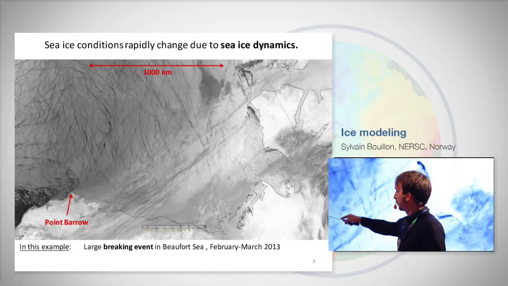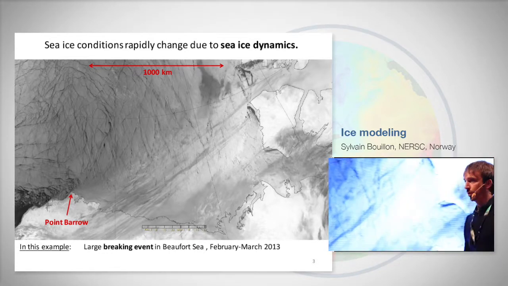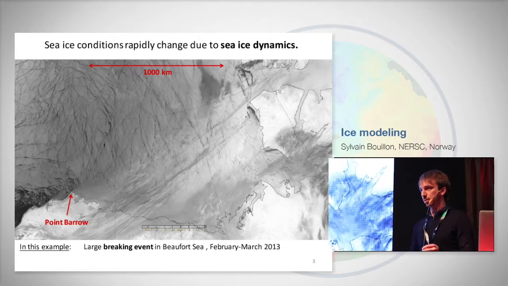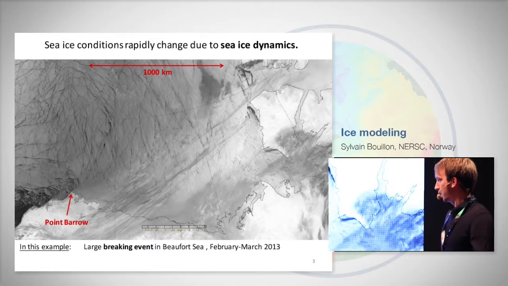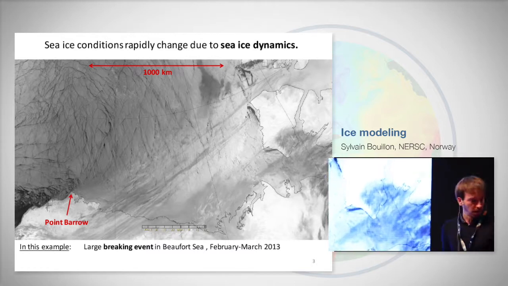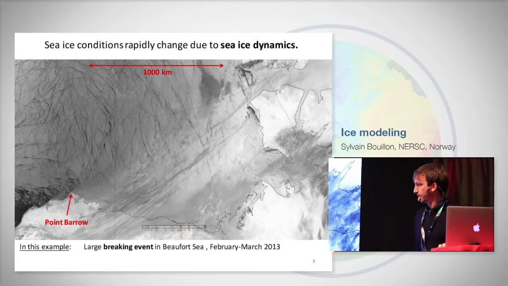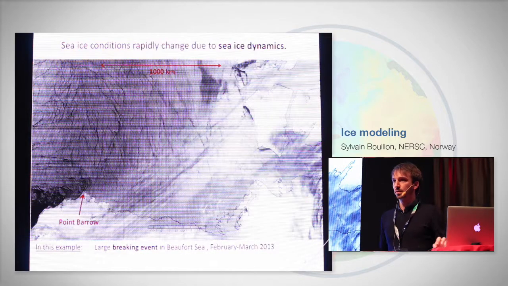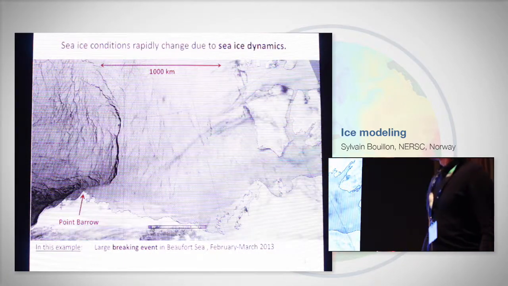We also see fractures. All these small lines are fractures. We also call them leads. So it's a fracture in the ice. And the animation is for 2 months, and it's showing a large breaking event that took place in February, March 2013.